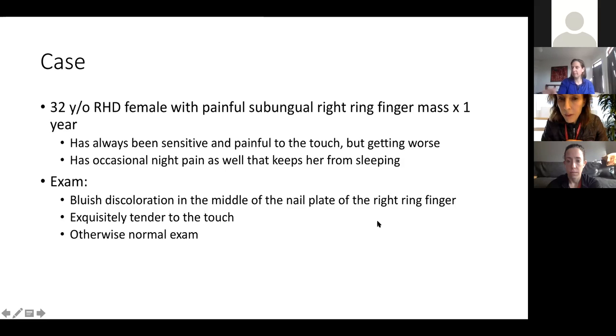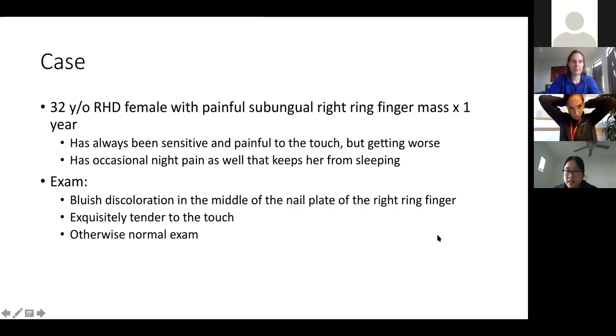So Ellen, do you have any thoughts on this? The fact that it's getting worse is concerning, and I'm thinking about a glomus tumor. Okay. So what do you know about a glomus tumor?